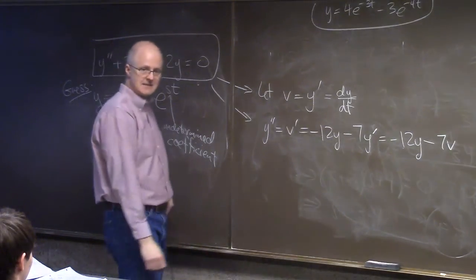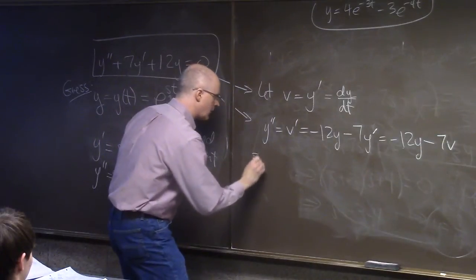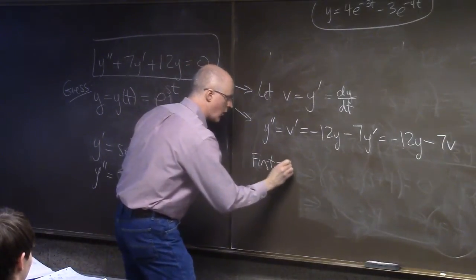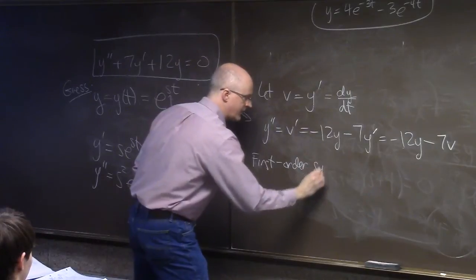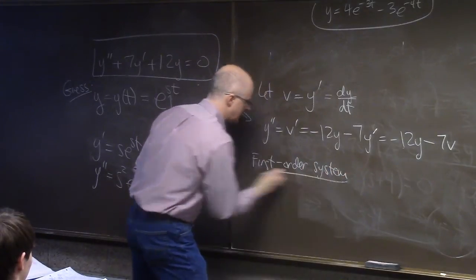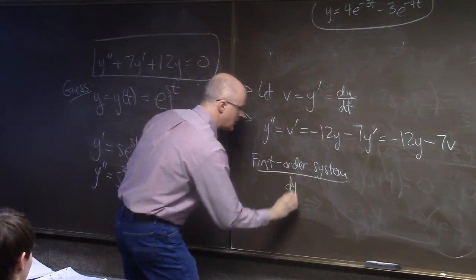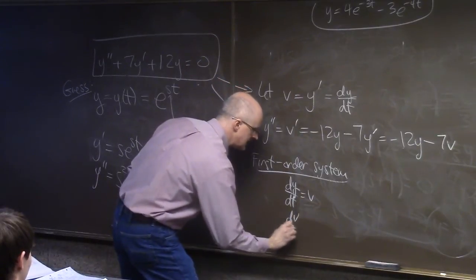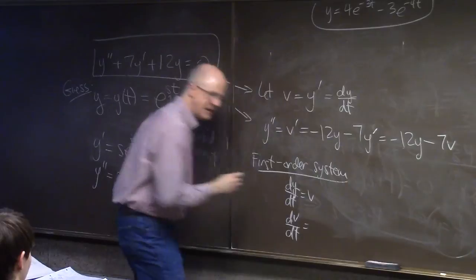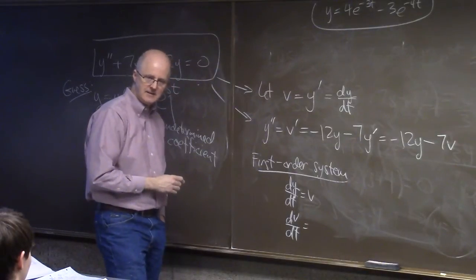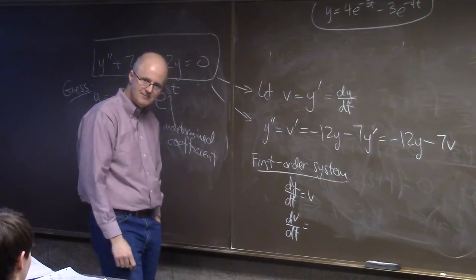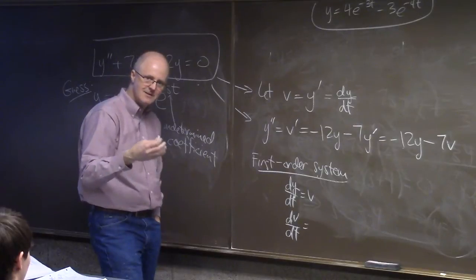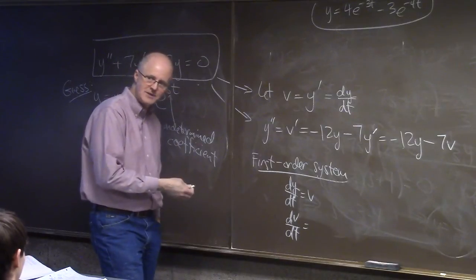So your system, your first order system, first order because it only involves first derivatives, is dy/dt equals v and dv/dt equals... get the order right. It technically doesn't matter as far as whether it's a good equation or not.